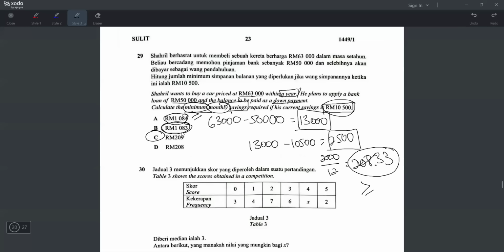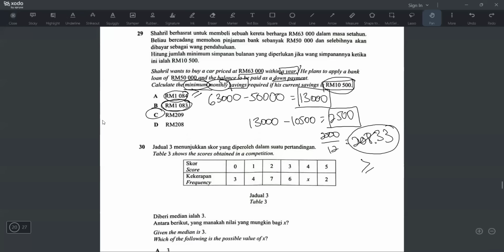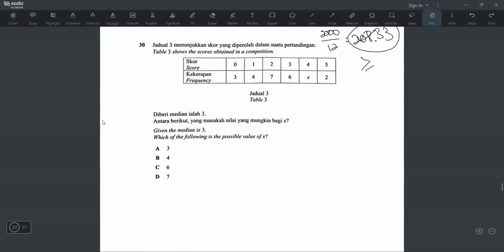Tapi dia nak minimum. Maksudnya kita pilih bigger equals. Maksudnya kita pilih jawapan yang ini ataupun lebih sikit. But we have to choose answer that is bigger or equals than this, but at the same time is the nearest one, the minimum one. So it's 209. Okay, hopefully my explanation makes sense to you, and yeah, I'll just continue.